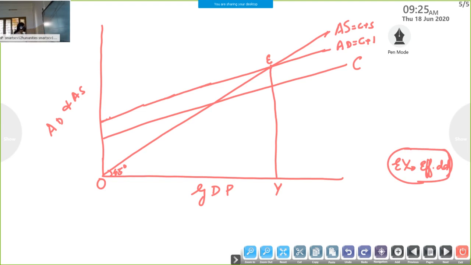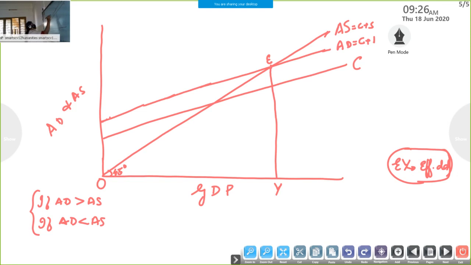Then we need two situations. First, if AD is greater than AS. Second, if AD is less than AS. These two we have to represent in the same diagram. First, AD is greater than AS. Which side can we take? This is our AD curve, this is our AS curve.